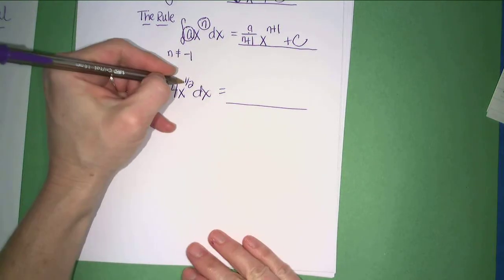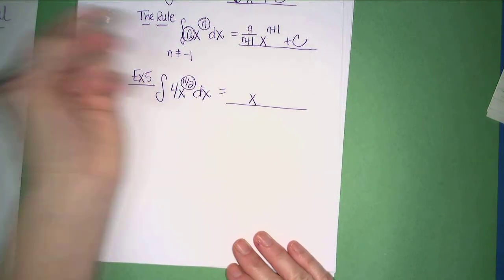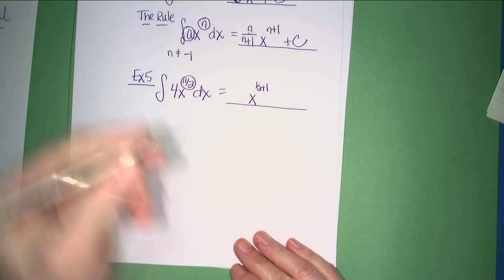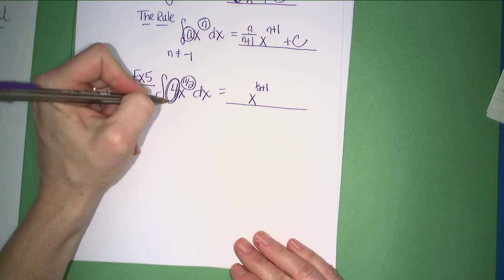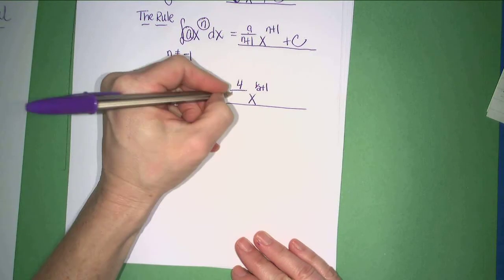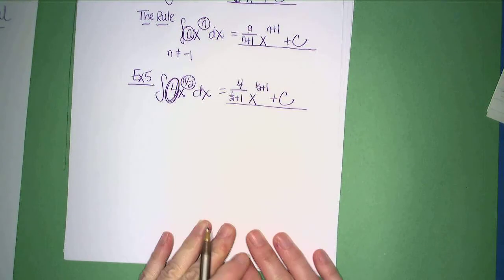So I'm just going to take the current exponent, and I'm going to add 1. So I'm going to take 1/2 plus 1. Then I'm going to take the coefficient that's currently there and divide it by the new exponent, which is 1/2 plus 1. And then add the constant c to the back.